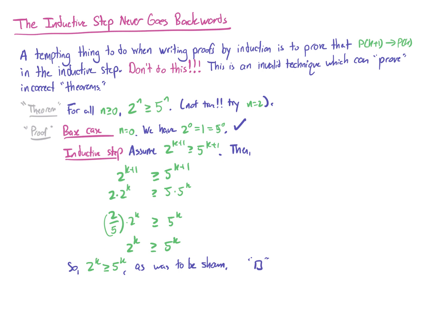This is not true. I am not allowed to do this because if I do, I'm going to get myself in trouble. A little more specifically, what's going on here is that, in fact, P(k+1) is false. And if I have an implication where the antecedent is false, the implication is, in fact, always true. And that's what happened here.